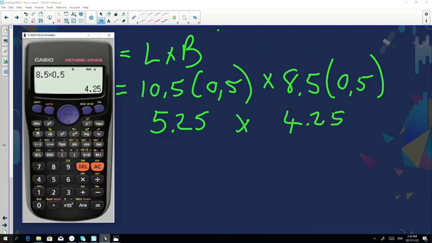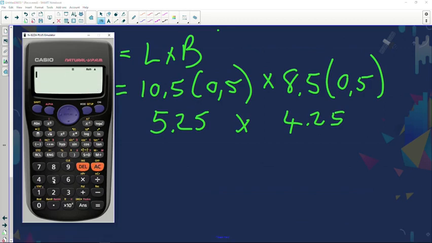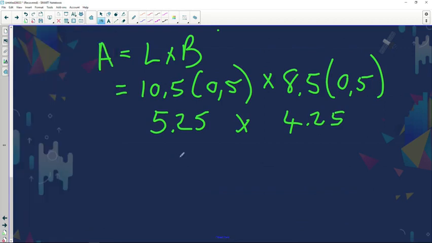To calculate your final answer, it's 5.25 times 4.25, and you get your answer in square kilometers. It's 22.3 square kilometers, and that's your final answer.